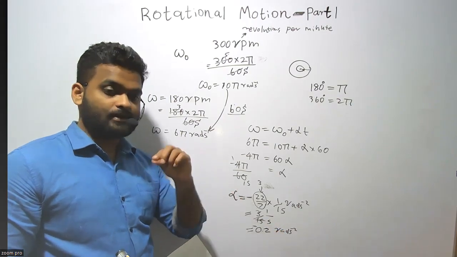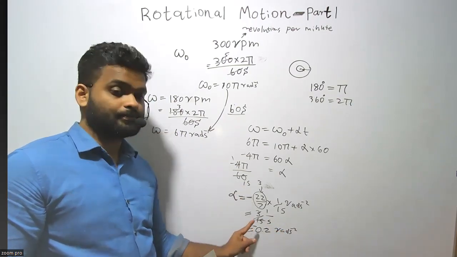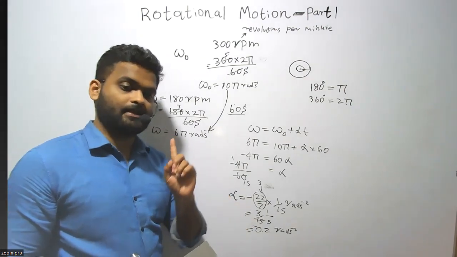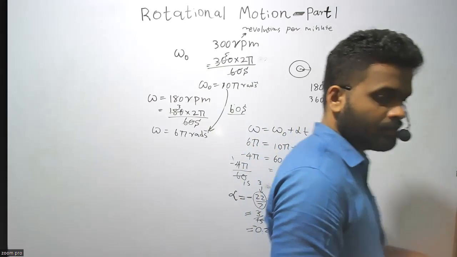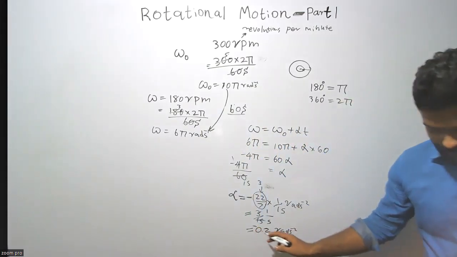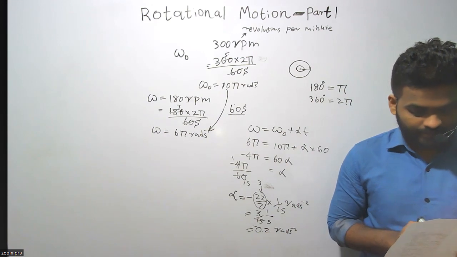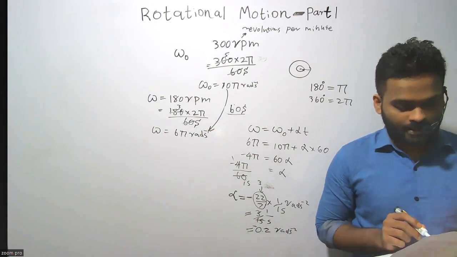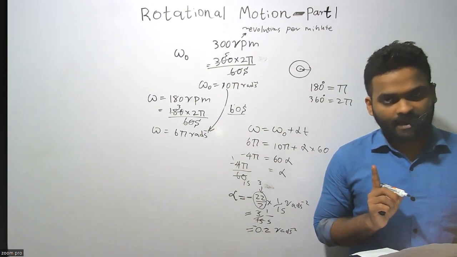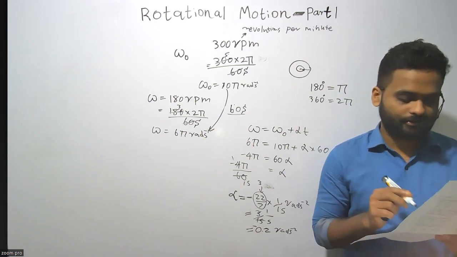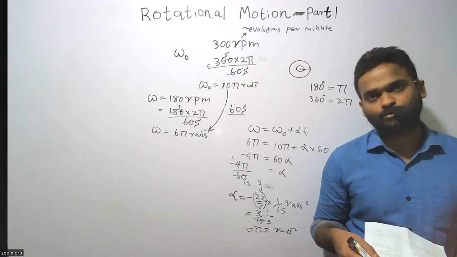But if they ask angular deceleration, you should provide the positive value, right? Since they are asking angular acceleration, the correct answer should be minus 0.21. So the first answer is the correct one. But in the question, if they asked angular deceleration, the correct answer should be plus 0.2.